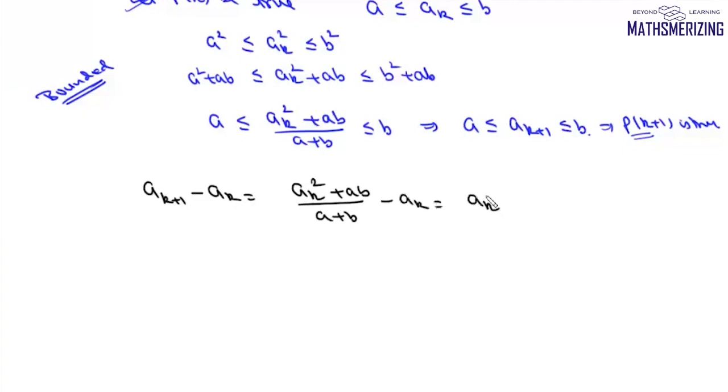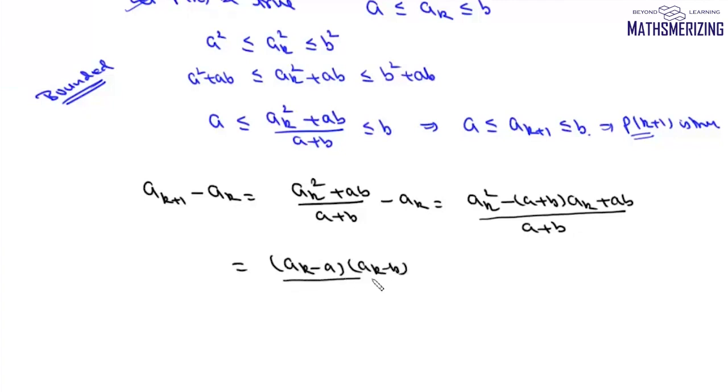So it will be a_k square minus (a plus b) a_k and then plus ab, all upon a plus b. Now we can factorize this as (a_k minus a) into (a_k minus b) upon a plus b.